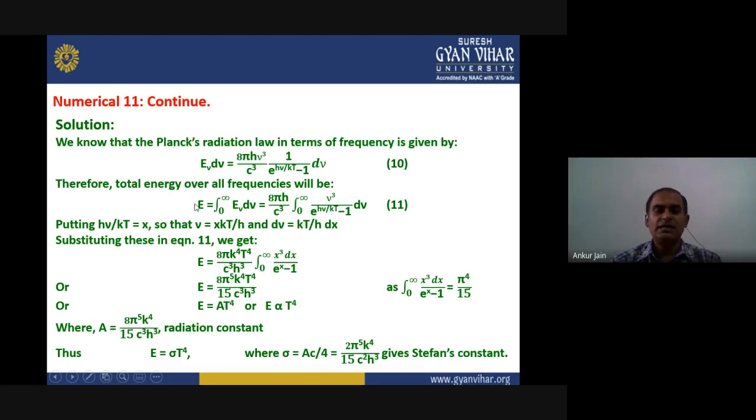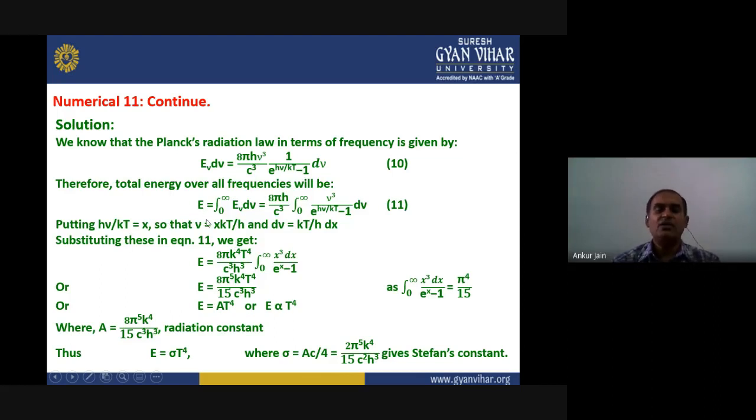The total energy E equals the integration from 0 to infinity of E nu d nu. Putting the value of E nu d nu from this equation, we get 8 pi h upon c cube, integration of nu cube upon e to the power h nu upon kT minus 1 into d nu. Now putting h nu upon kT equals x for simplicity, we get nu equals x kT upon h.